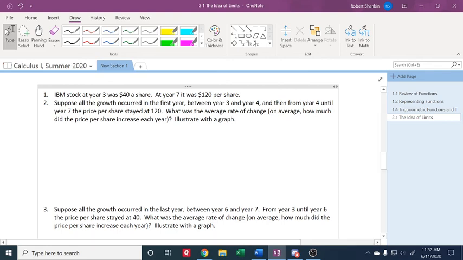All right. It asks you to illustrate with the graph, so you're going to have to draw a picture of what's going on, and then answer this question: what was the average rate of change? On average, how much did the price per share increase each year? And so, what I want you to do now is independently draw a graph to illustrate this situation, and then come up with your own estimate for the average rate of change.